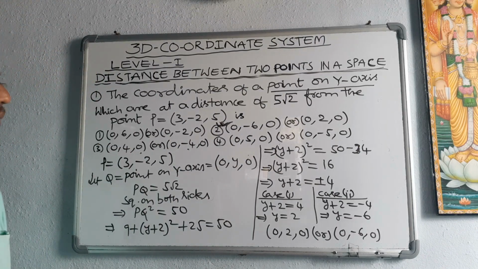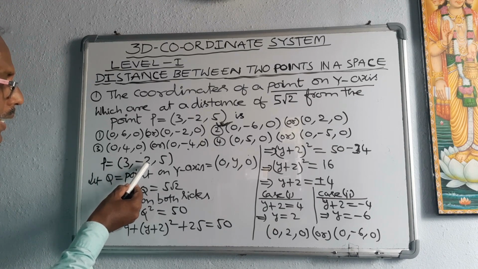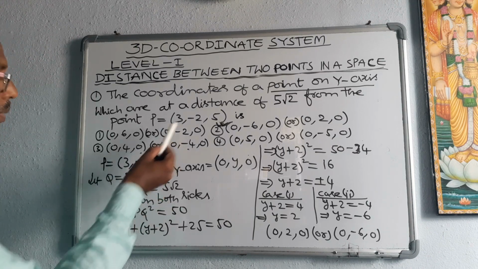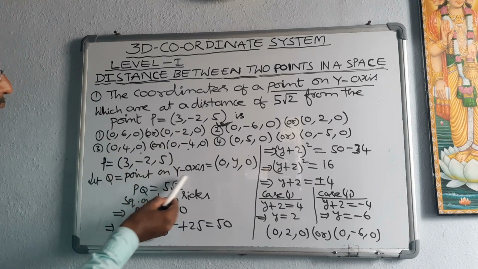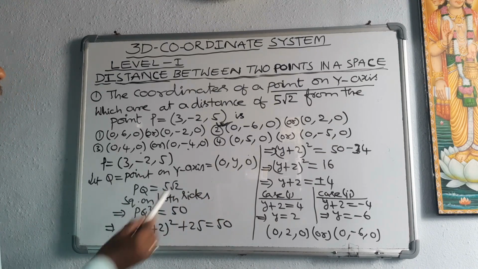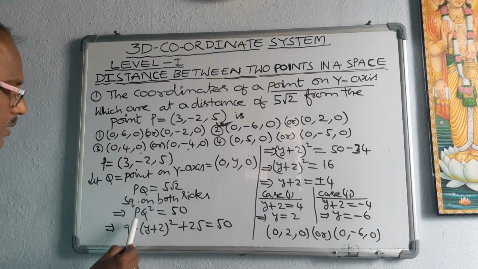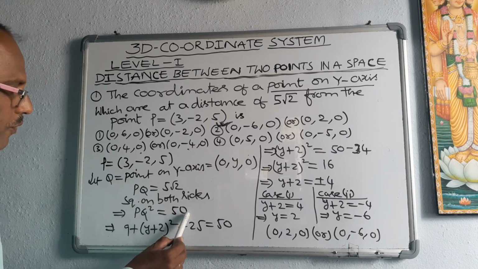Again explaining the problem. P equal to (3, -2, 5) is given in the problem. Here Q is a point on the y-axis, (0, y, 0). PQ distance is given as 5 root 2. Squaring on both sides, PQ square equal to 50.